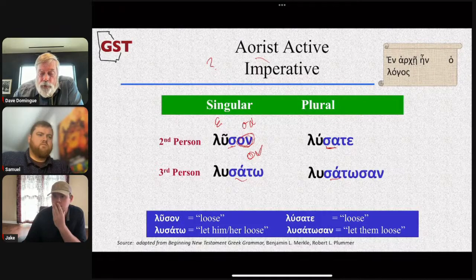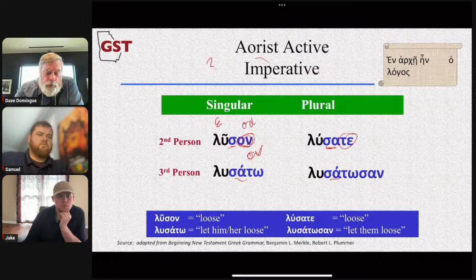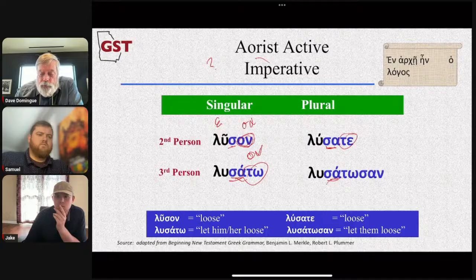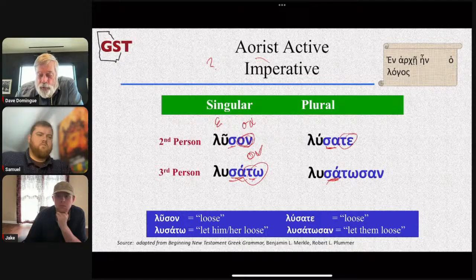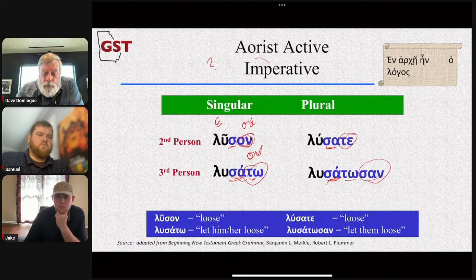In our plural, there's our aorist morpheme and our tau epsilon plural form. In our third person, there's our sigma alpha morpheme with our tau omega plural form. Sigma alpha, tau omega, and our san for the plural. So there's a lot of consistency here.